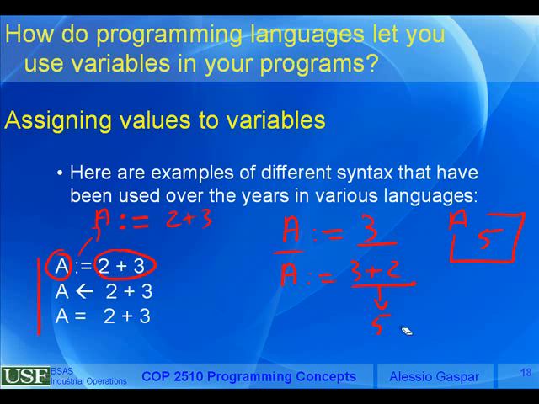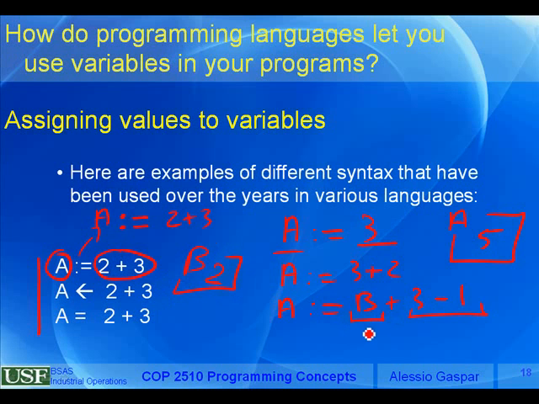Sometimes it's even more complicated. For example, let me make some room here. You would have something such as A is assigned B plus 3 minus 1. Well, what is the difference? This is an arithmetic operation right here. Basic stuff. Okay? This is another variable. So in this case, I'm assuming that I already have in my program a variable B. Let's say it's equal to 2 right now.